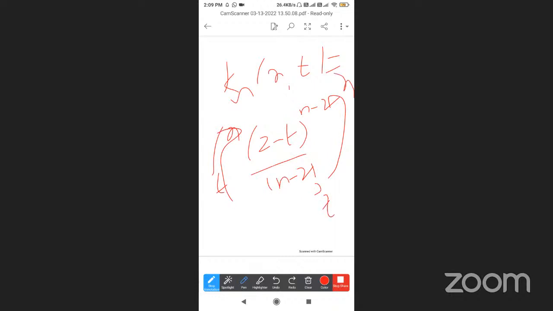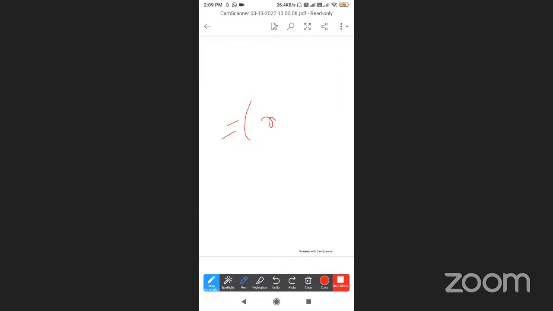So the value is x minus t whole power of n minus 1 by n minus 1 factorial. This is the value of Kn of x comma t.